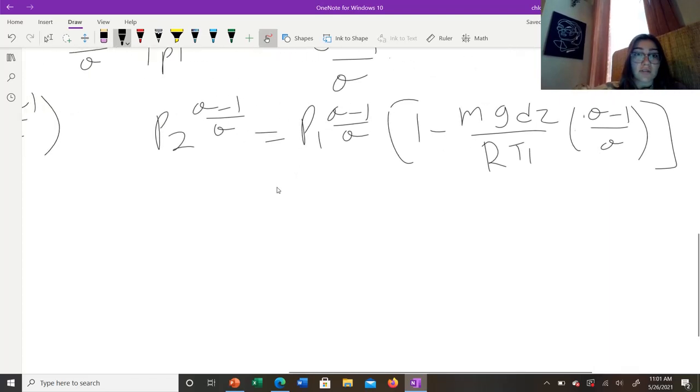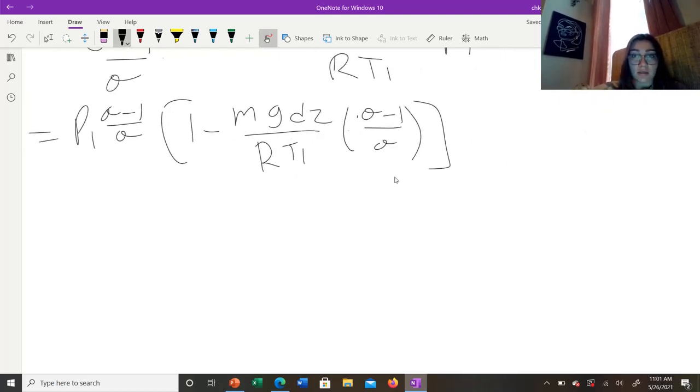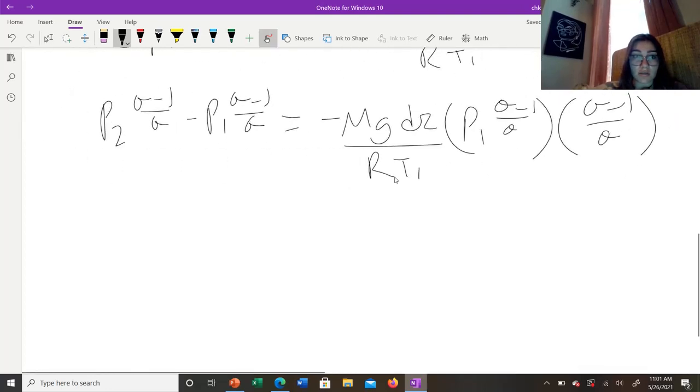So we're on our final step. We just have to pull out the exponent. So we're going to do that down here.